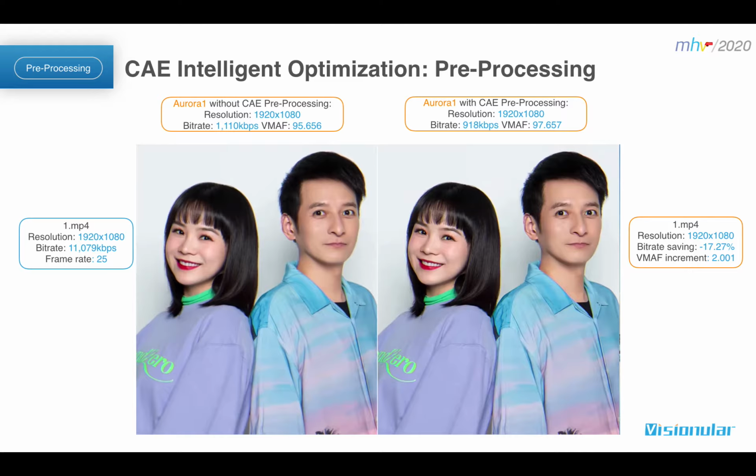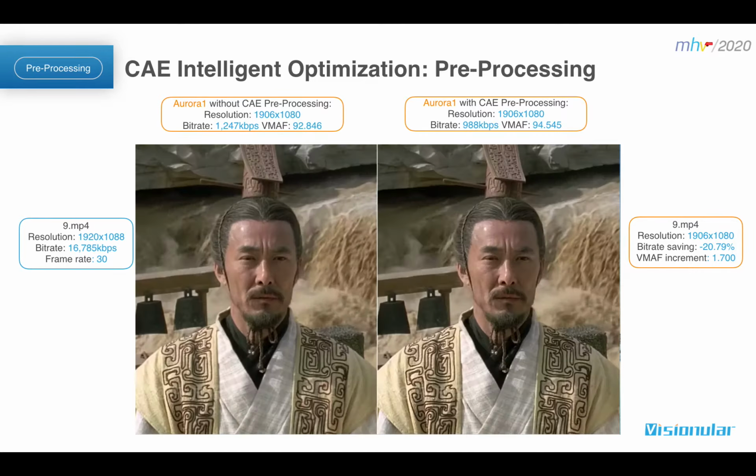And overall for this example, we achieve more than 17% bitrate saving and also a VMAF increment of 2. Another example is similar, and the right figure has a lot of textures and edges.